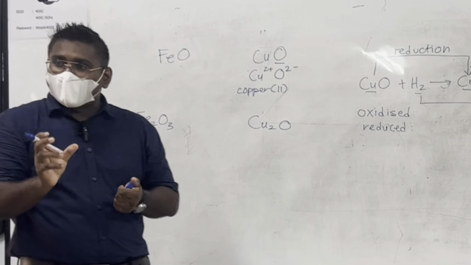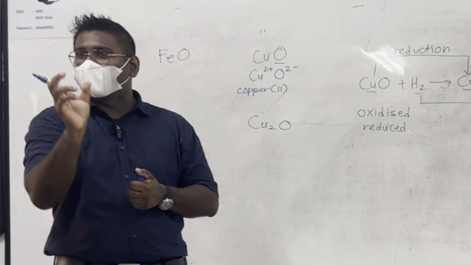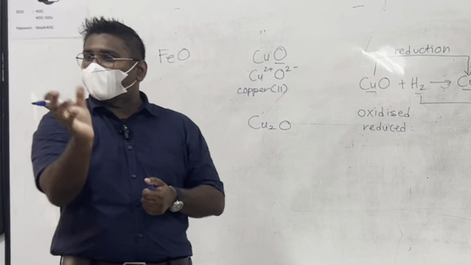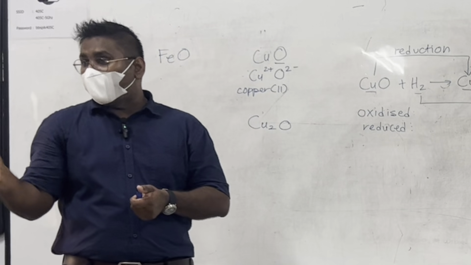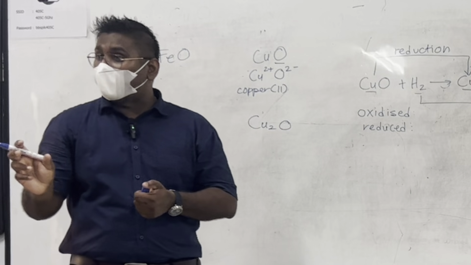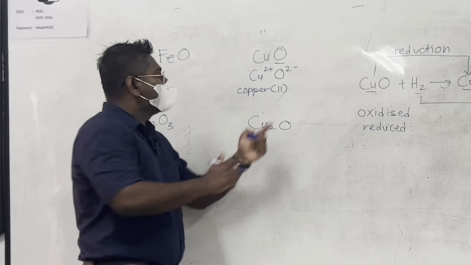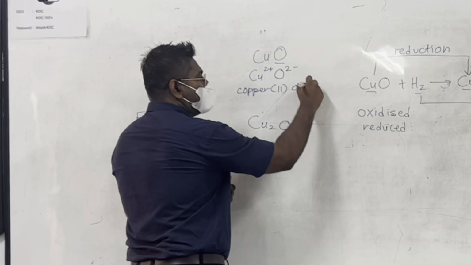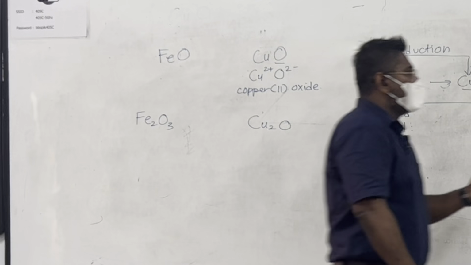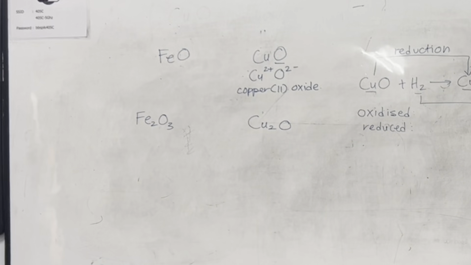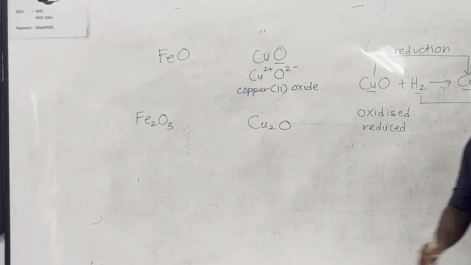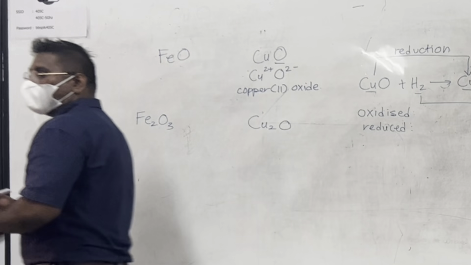The oxidation number must be at the right of the element that we want to write the oxidation number for. Copper 2 oxide. Just now, potassium manganate 7, the 7 represents the oxidation number of Mn. So this one is going to be copper 2 oxide.